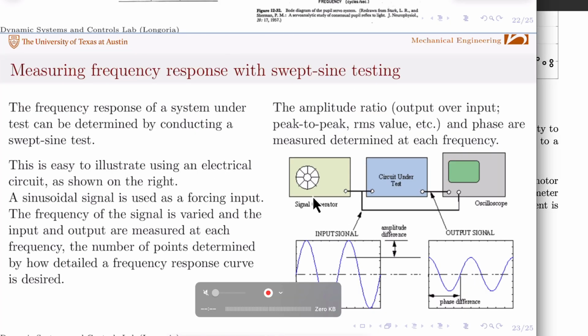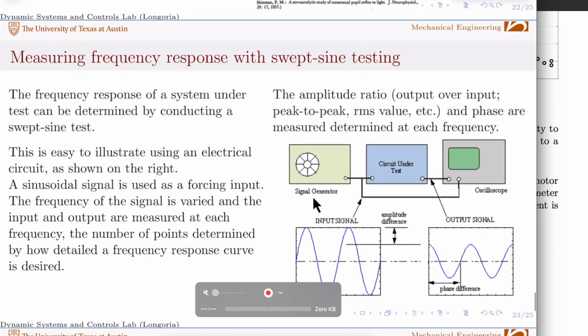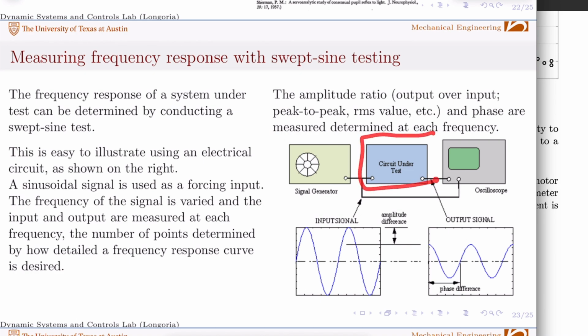Again, the swept sine testing, just in review, and this is kind of what you can do for a lot of different systems. You have something that you're trying to test. A circuit is super easy because you just have a function generator, easy to measure that. Maybe you have an oscilloscope, you can measure the output, measure the input, and so the basic idea of swept sine testing is pretty straightforward.